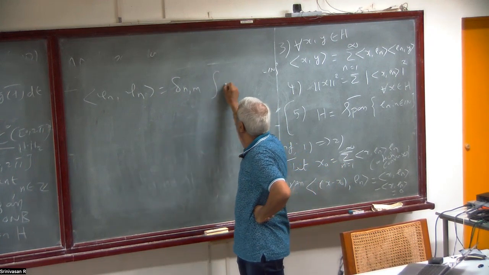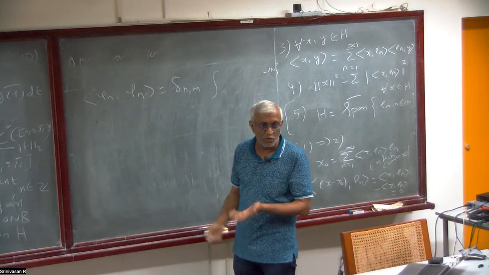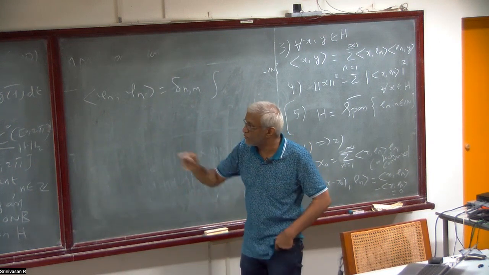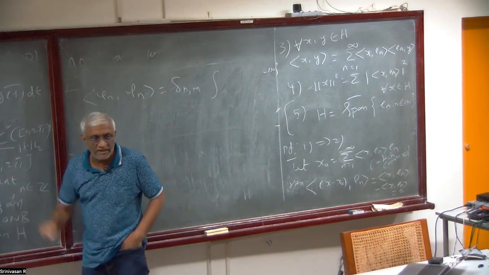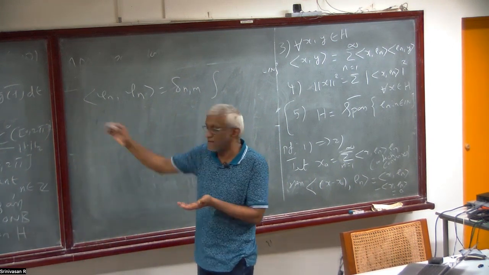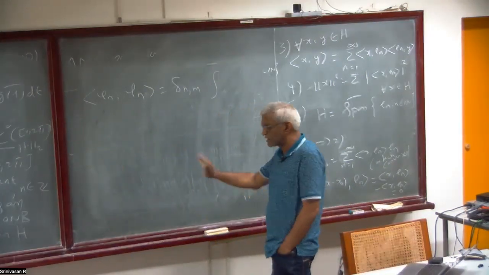If you take the integral of e^{int}, if you take the mod, it's 1, and it will give 2π, right? So you have to divide it by 2π, then these things have norm 1. So we need a 1 by 2π. I may forget sometimes, but you should remember there is a 1 by 2π. Up to that constant, everything will work.